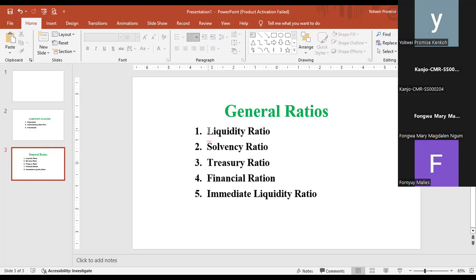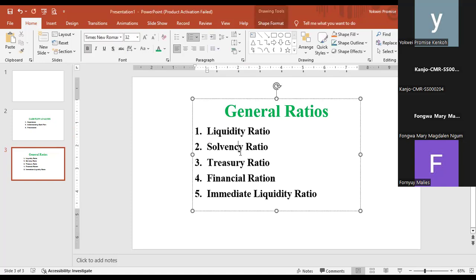Liquidity is the ability of the enterprise to use its current assets to cover its short-term liabilities. So to calculate this ratio, you are going to use assets which are less than a year divided by liabilities which are less than a year. Take note, please. For the general liquidity ratio, you use assets less than a year divided by liabilities less than a year.